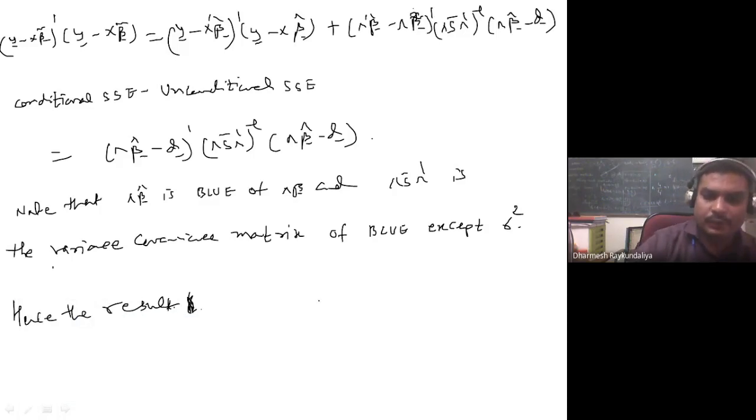The difference between the conditional SSE and unconditional SSE is a quadratic form of a BLUE, where the BLUE is measured from a specified value d, which is a known value, with the m parametric condition lambda beta equal to d. So now, can we represent this quadratic form in a different form? For that there is one more theorem.